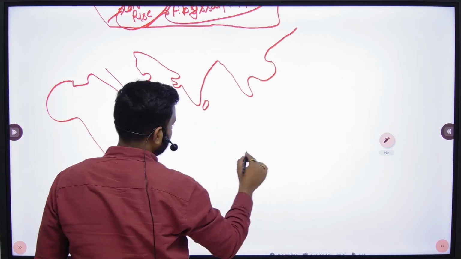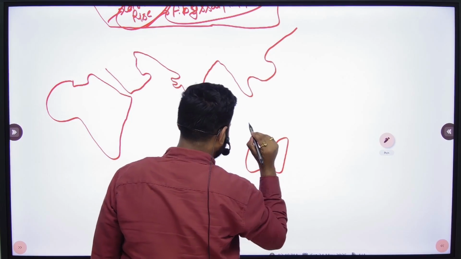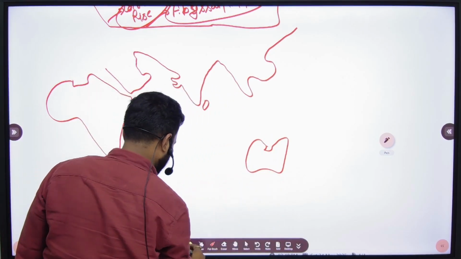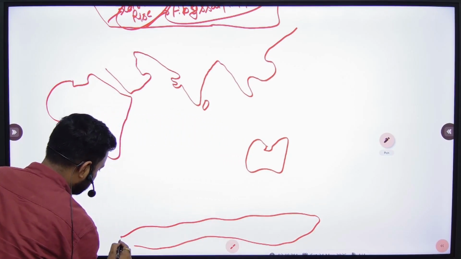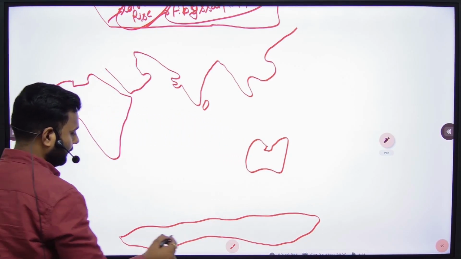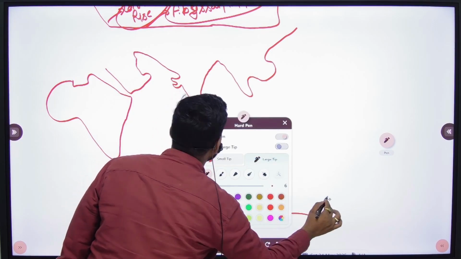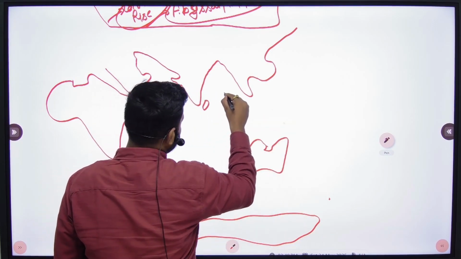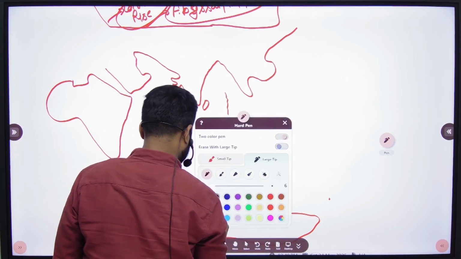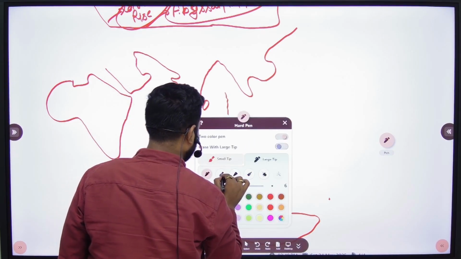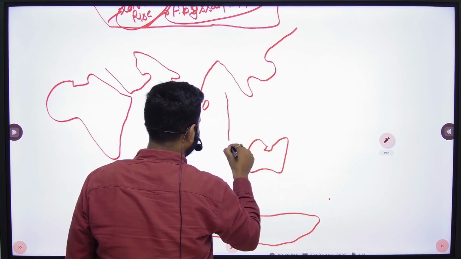Here this is Antarctica. You simply put down this figure, and you also mention some ridges. This is the 90° east ridge.